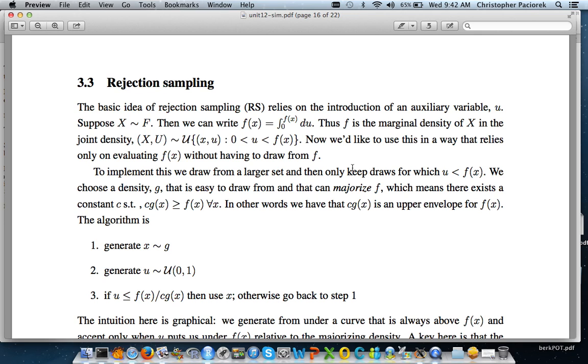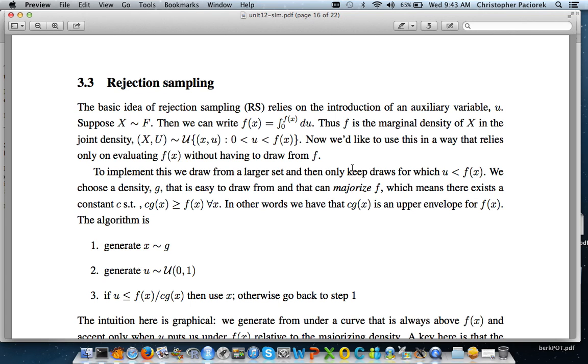Then I'm going to draw from a uniform distribution, and if the uniform value that I draw is below here as opposed to above here, then I'm going to accept the value, and if it's above, I'm going to reject it. So the result is I'm only going to draw values within this shape, and I'm going to reject anything that gets drawn above the curve.